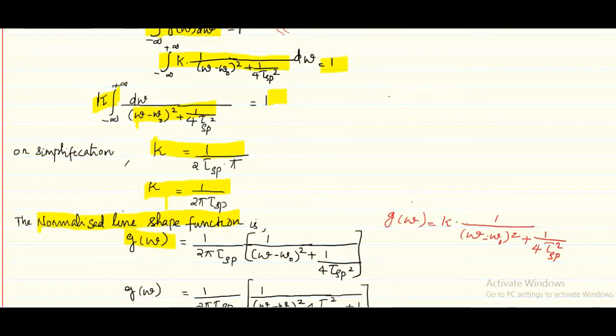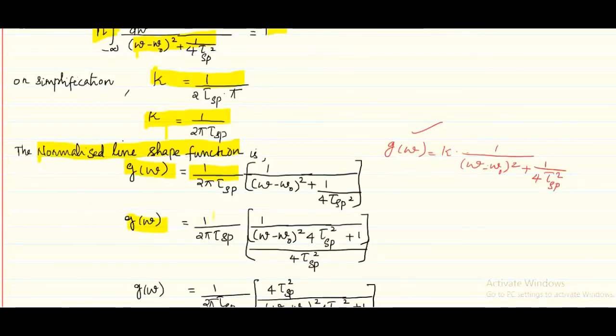So we have already derived the expression g omega equals k into 1 by omega minus omega 0 whole square plus 1 by 4 tau sp square. Substituting the value of k, we get the normalized line shape function g omega equals 1 by 2 pi tau sp into 1 by omega minus omega 0 whole square plus 1 by 4 tau sp square.